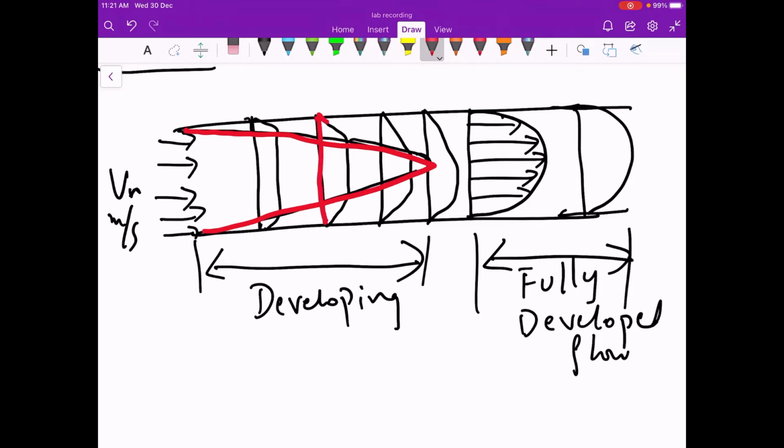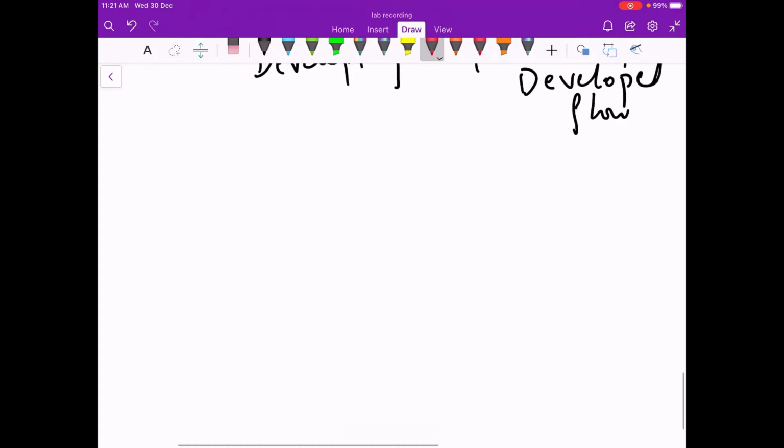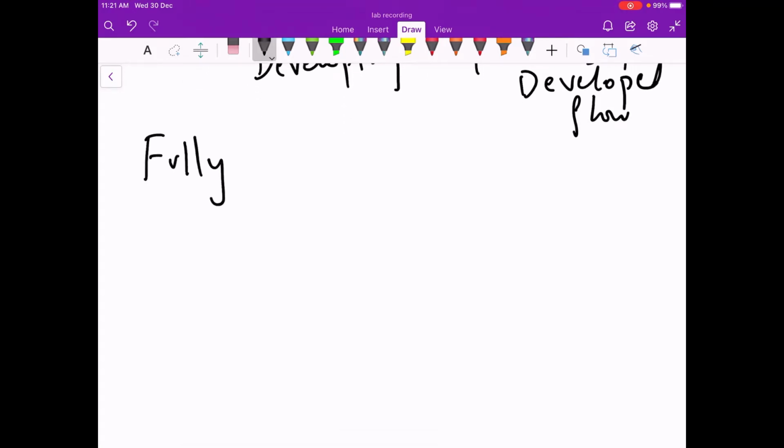You can see the gradient, the velocity profile I have drawn, goes like this. Here also you can write the arrow mark. Understood, guys?